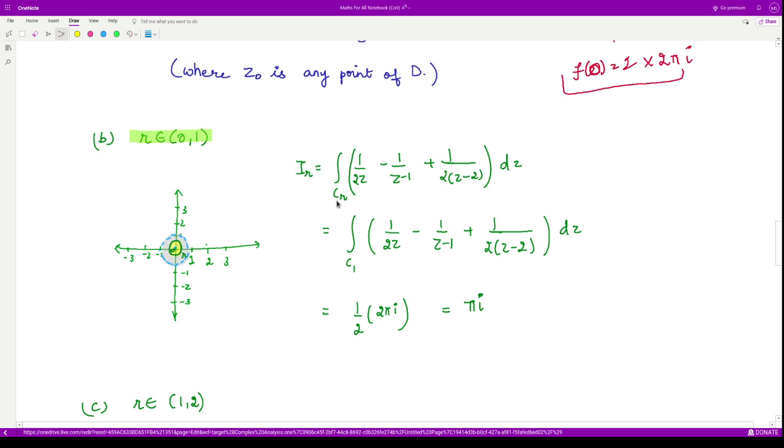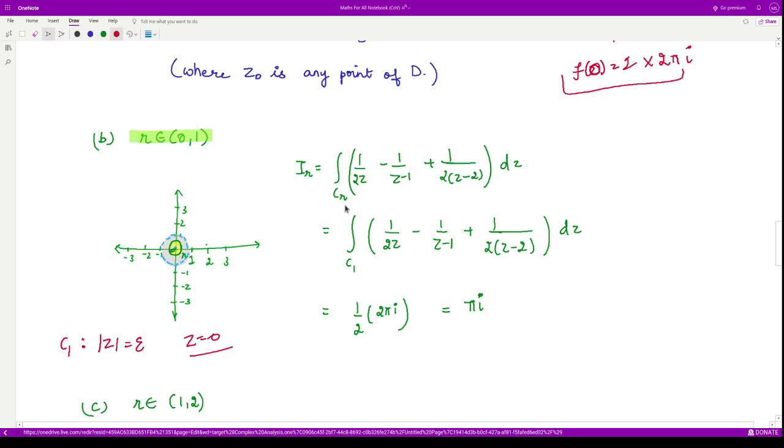So accordingly, in this region, the problematic point is only z is equal to 0. So we only have to create one circle. So say C1, that would be equal to mod of z is equal to epsilon, right? Where epsilon is a very small quantity.